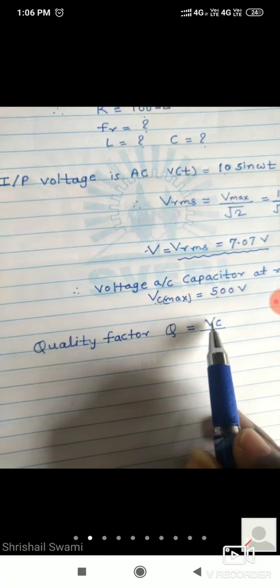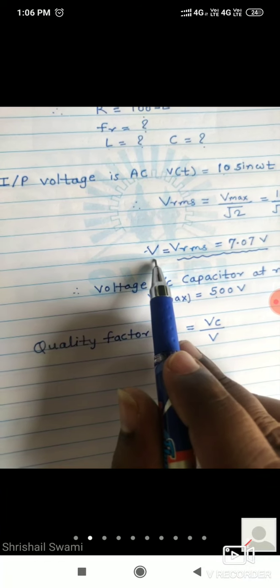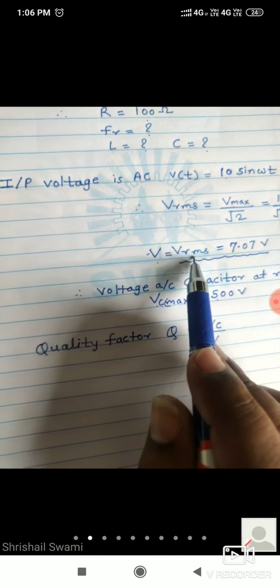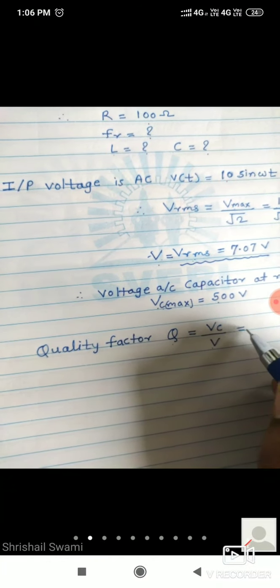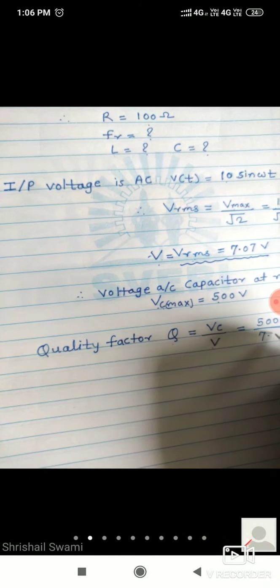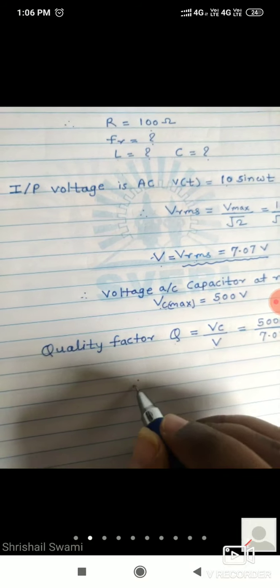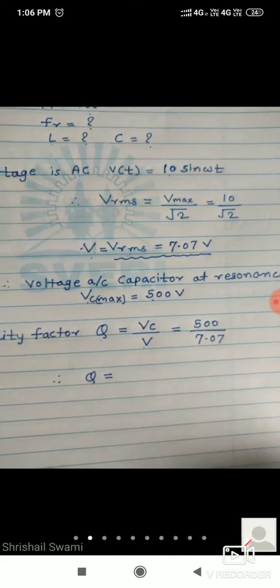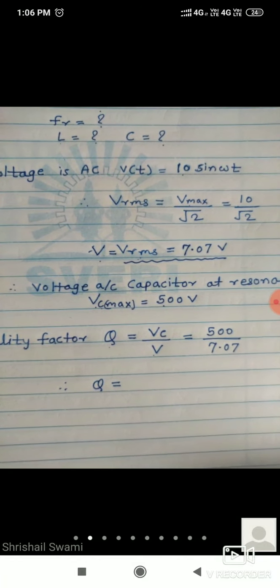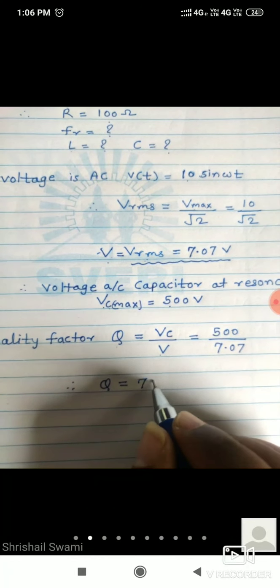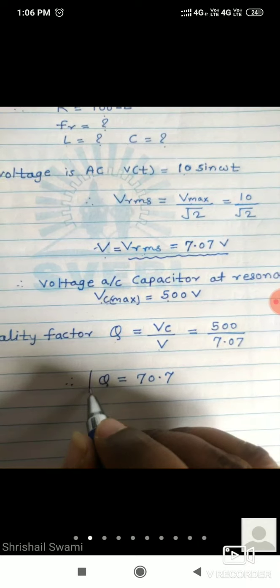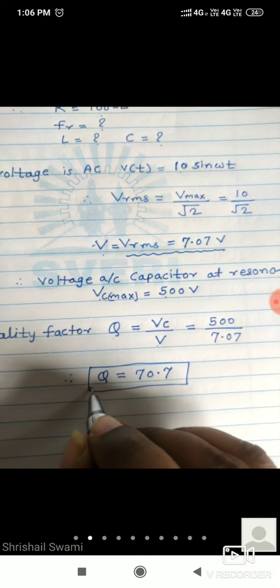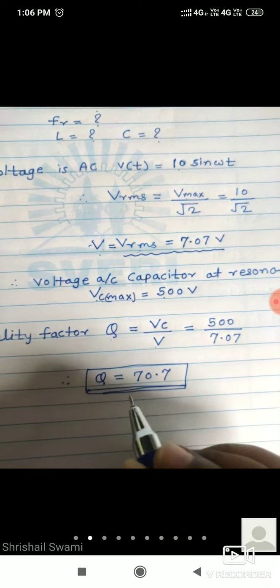So VC is given, and V also we have calculated. V means what? VRMS value. Now VC is 500 and V is 7.07. So this is the value of Q. That is the quality factor of the circuit. So what is the answer of quality factor here? 70.7. So this is the answer of quality factor.